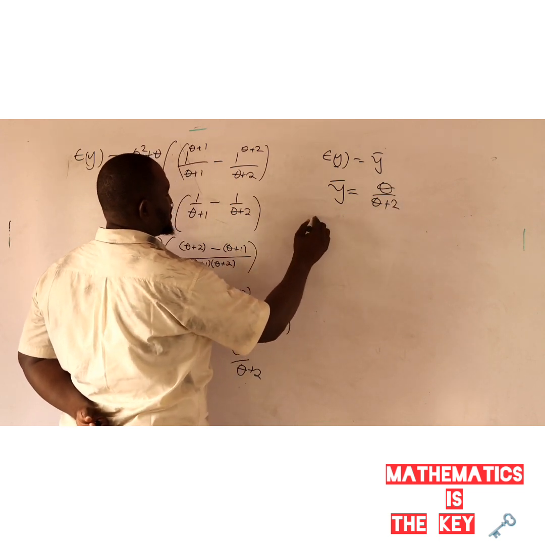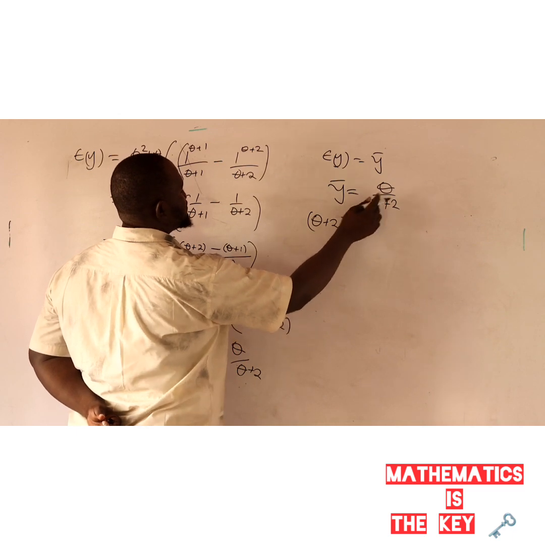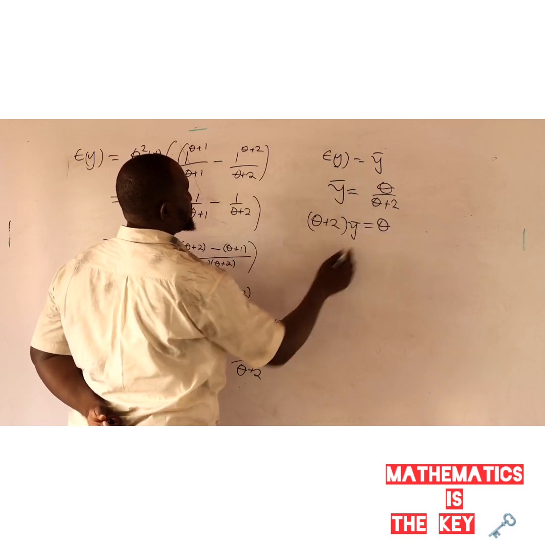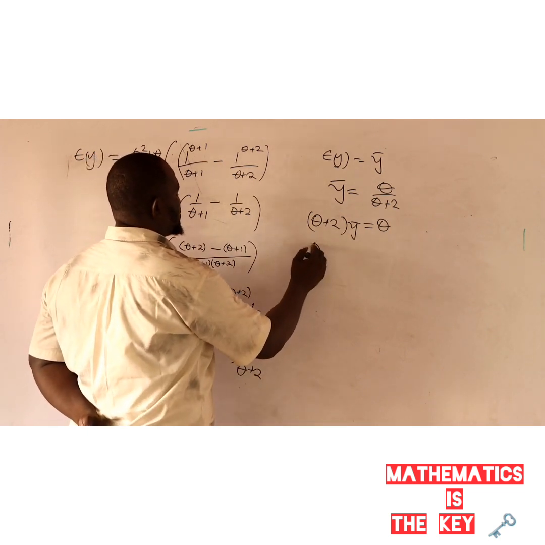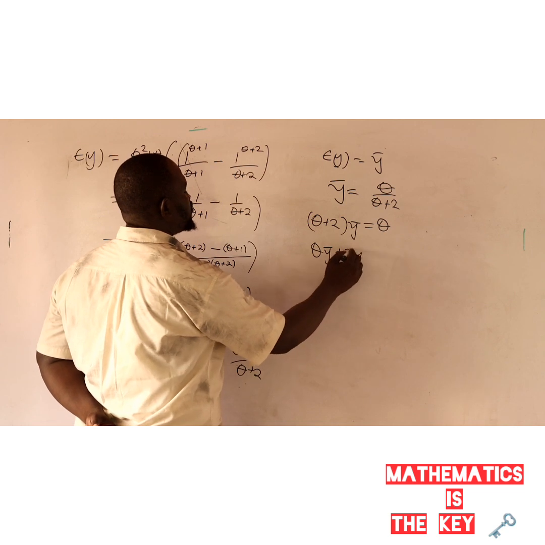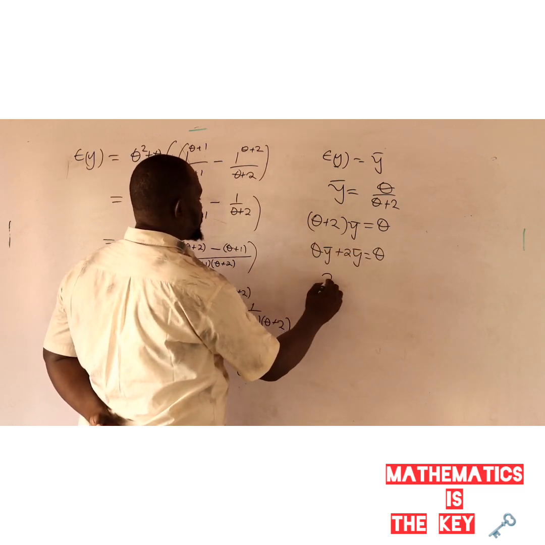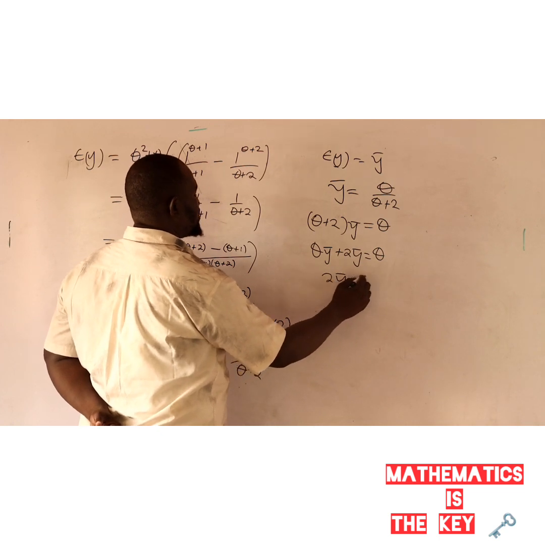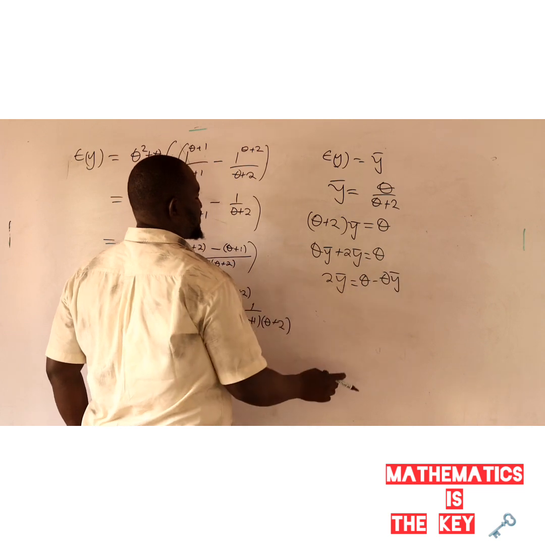Let's simplify. We are going to have theta plus 2 multiplied by this value is equal to theta, as the result of cross multiplication. Expand the bracket, we'll have theta y bar plus 2 y bar is equal to theta. We collect like terms, we'll have 2 y bar is equal to theta minus theta y bar.